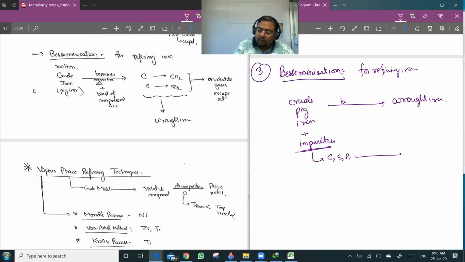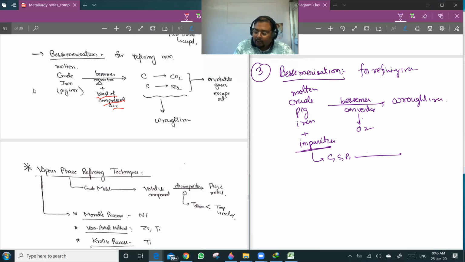When you put it through the Bessemer converter, we use the molten form and supply oxygen as a blast of compressed air.